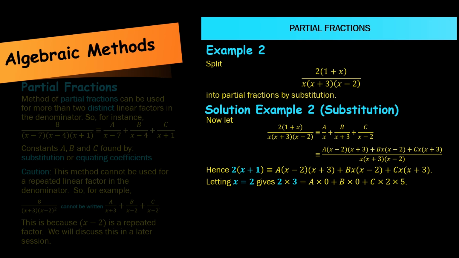So letting x equals 2 gives us 2 times 3 is identical to a times 0 plus b times 0 plus c times 2 times 5. And therefore, we have that c equals 3 over 5.